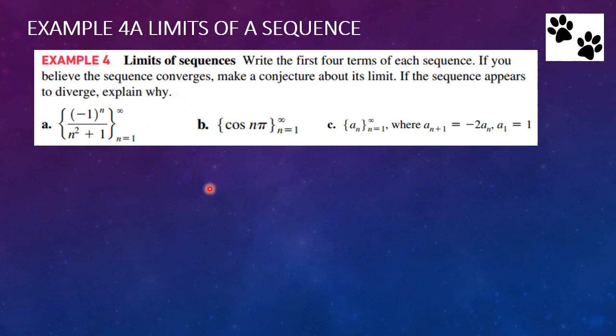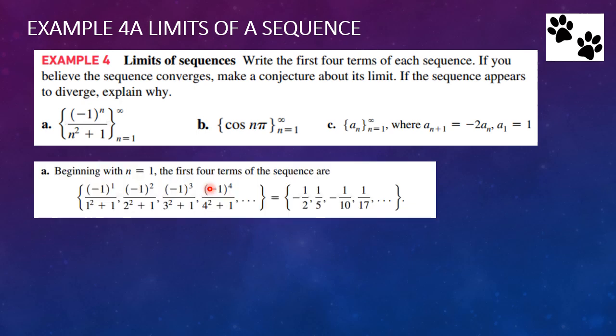So let's look at A, negative 1 to the power of n, all over n squared plus 1, as n goes from 1 to infinity. So let's find the first 4 terms. It's worked out here for you. We get negative 1/2, 1/5, negative 1/10, 1/17. So if I just looked at these 4 answers, what do you think is happening, convergence or divergence?